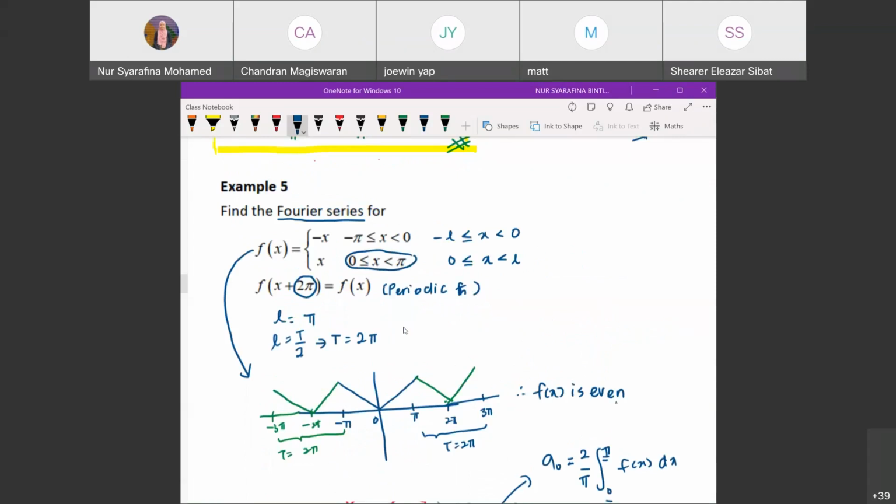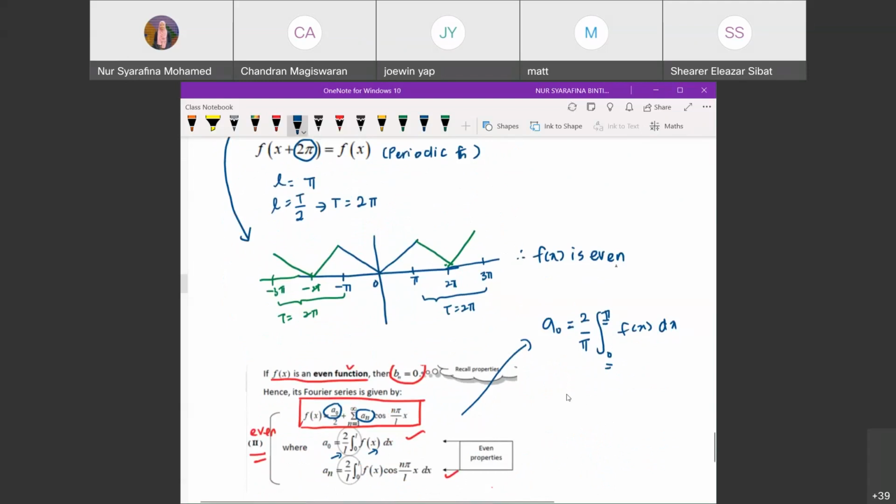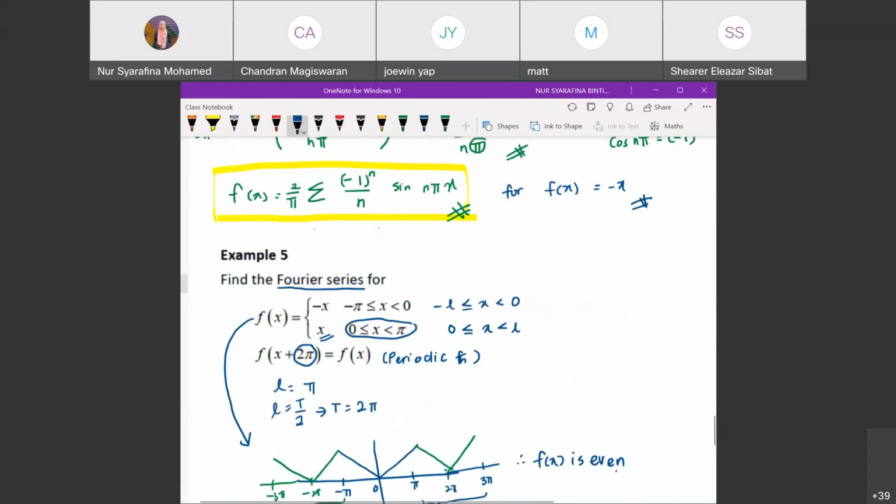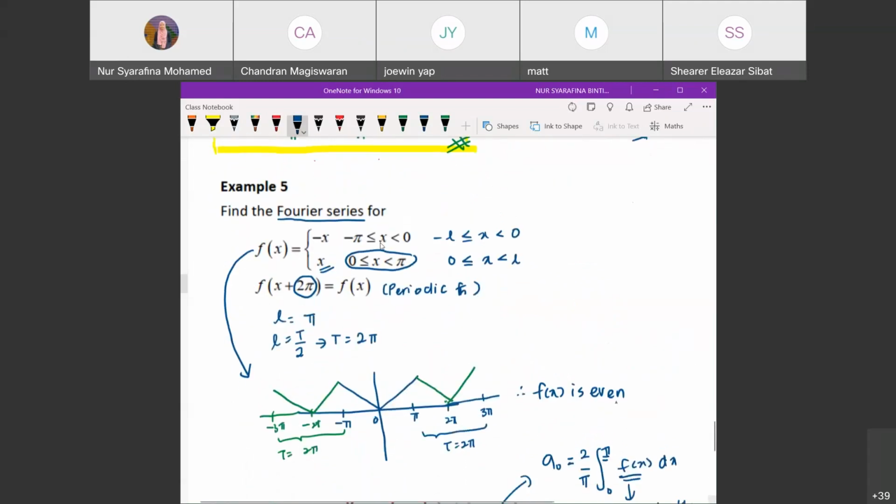So your f(x) is x. Okay. Refer to the range. So your function refers to the range. All right? Because we have two functions there in terms of a piecewise function.